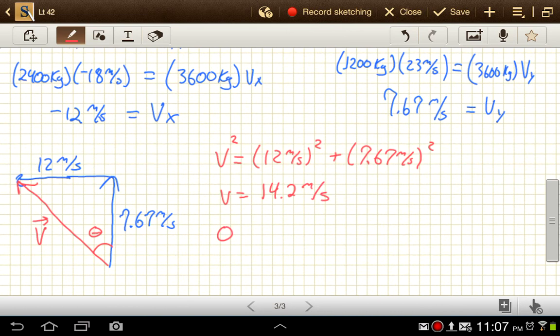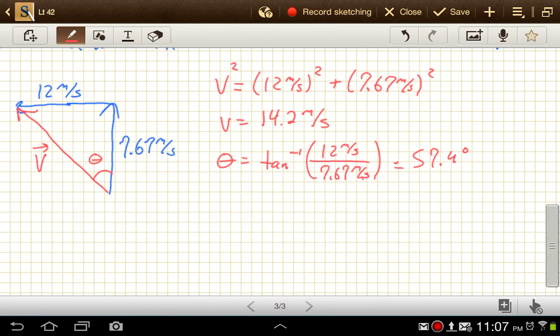And then theta, the angle there, is going to be the inverse tangent of 12 meters per second over 7.67 meters per second. So inverse tangent, there we go, of 12 over 7.67 is equal to 57.4 degrees.